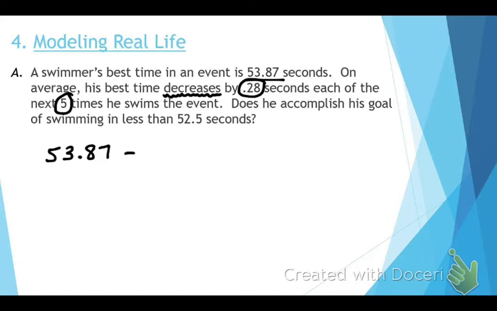So I could go 0.28 plus 0.28 plus 0.28 plus 0.28 plus 0.28, 5 times, or I could just multiply 0.28 times 5. And this is going to help us to understand, after the 5th time he swims it, what his time was. According to PEMDAS, should I multiply first or should I subtract first? We're going to multiply first. So take your pencil, please underline the step that we're going to do. Go ahead and multiply it over here, 0.28 times 5.